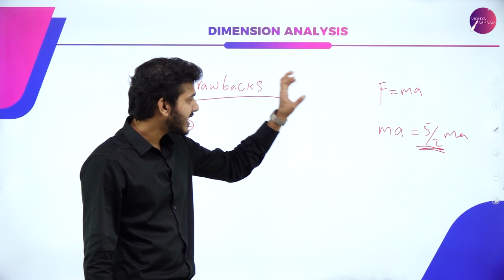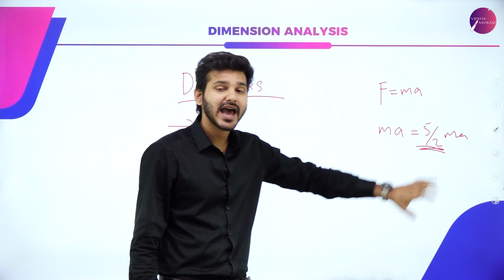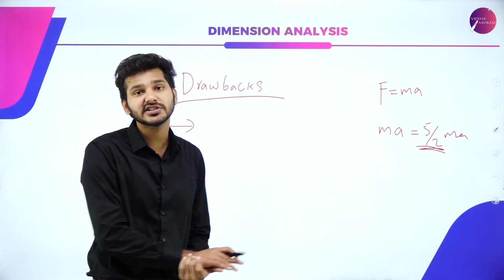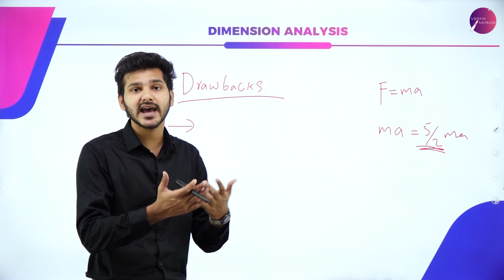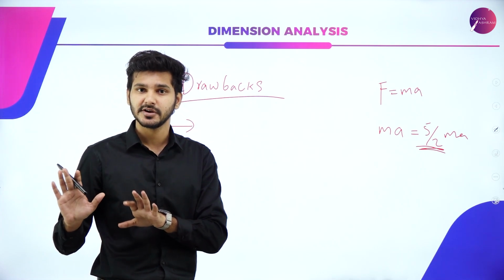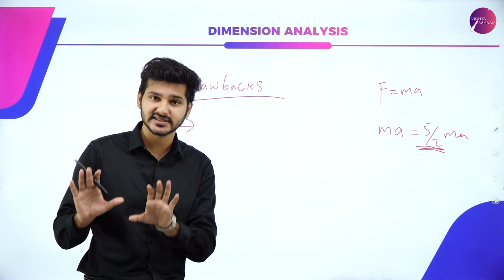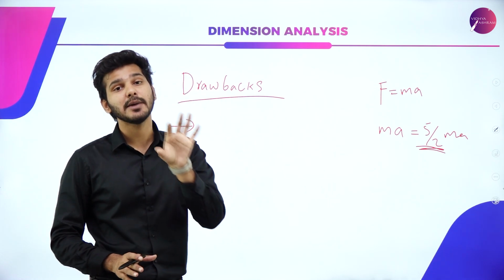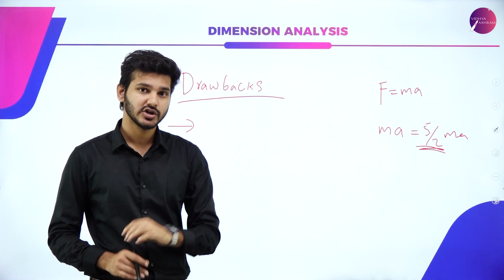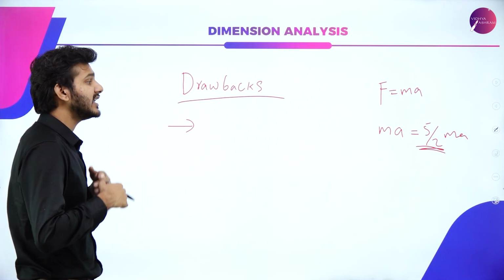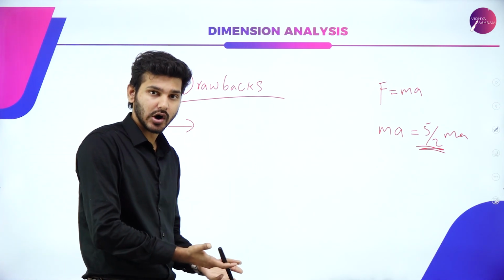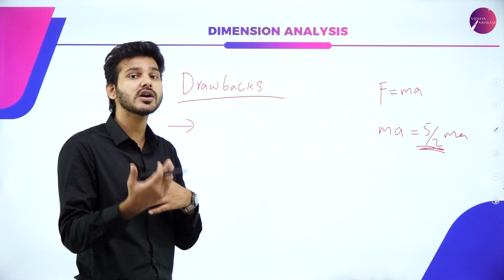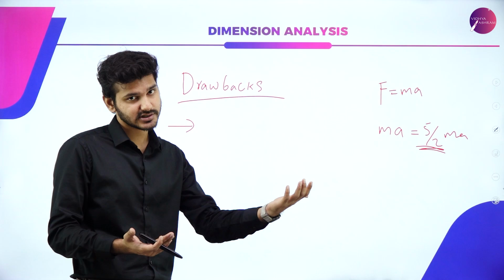If this particular equation is actually wrong and dimensionally correct, and we plug this into dimensional analysis, it will say that this equation is right. That is because dimensional analysis will only consider whether the equation is dimensionally consistent. So one drawback is that an equation can be actually wrong and dimensionally correct. Dimensional analysis cannot tell you if it is actually correct.